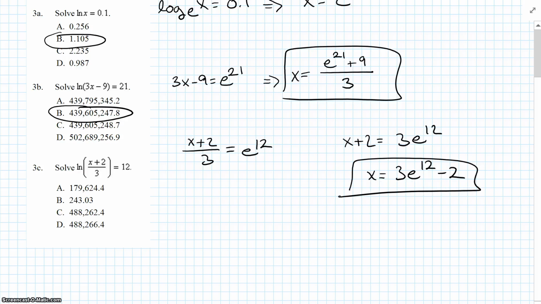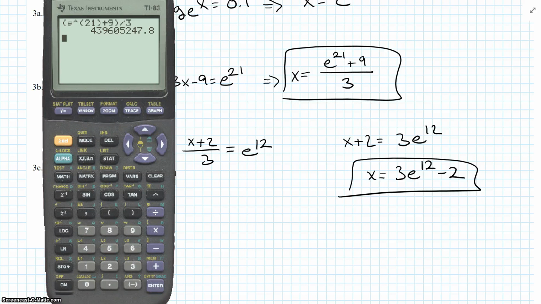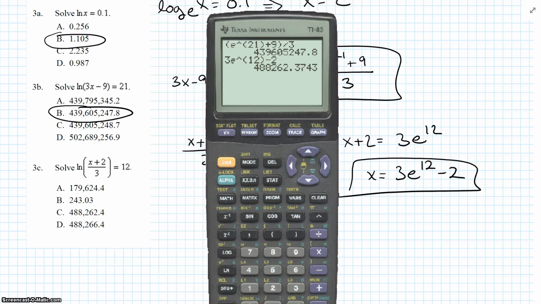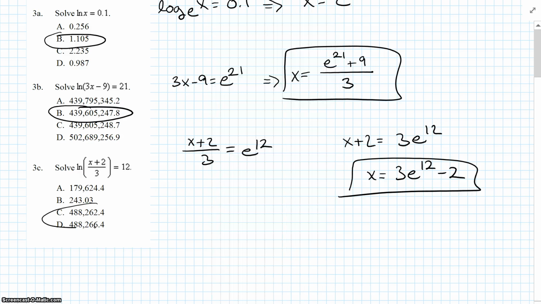See if we can plug that in our handy dandy calculator now. Alright, so here we go. 3 e to the 12th minus 2. Alright, I got 488,262.4. So the answer is C.